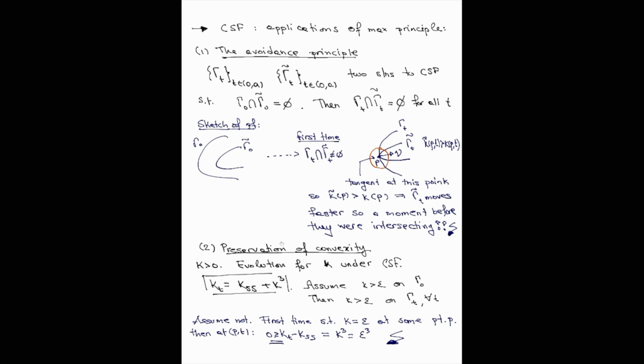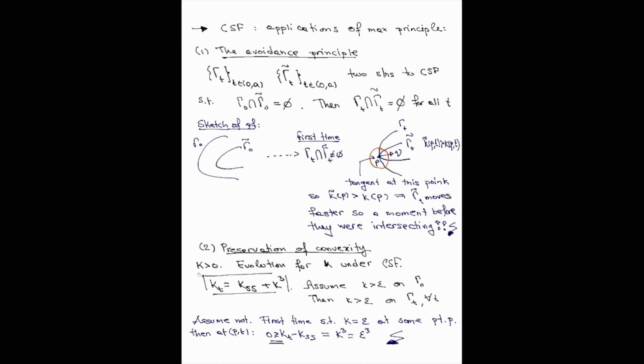A curve is convex if whenever I connect two points on the curve, this segment lies inside the curve. And looking at the curvature for embedded curves, this means that kappa is positive. So it's equivalent to saying kappa is positive.